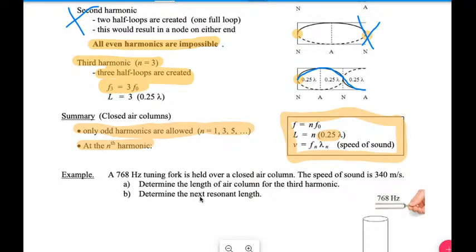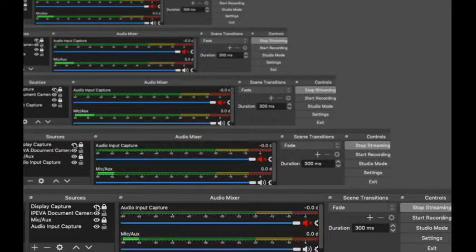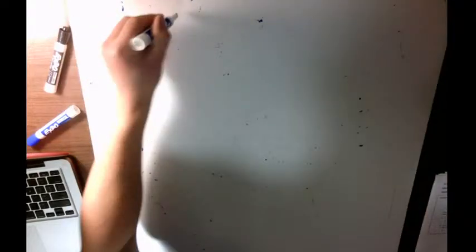Here we go. Let's try an example. We have a tuning fork, and it's telling us where it's resonating or where it's vibrating. So in this case, the tuning fork is our source vibration. So I'll draw it out to start with. We have a tuning fork.